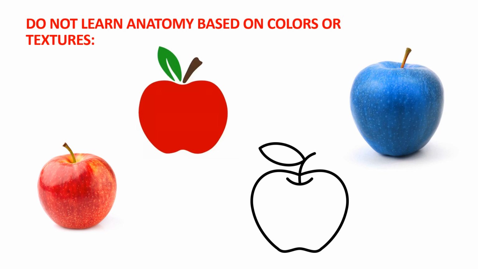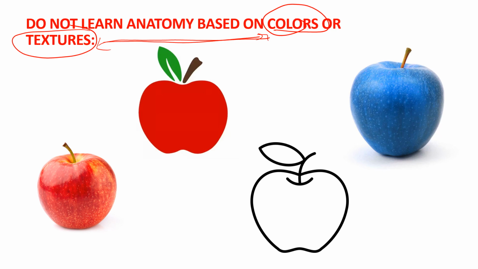Now, I have a rule for you. Do not learn anatomy based on colors or textures. This is one of the things that make students struggle, when they get confident with one specific shape, one specific color, or one specific structure.